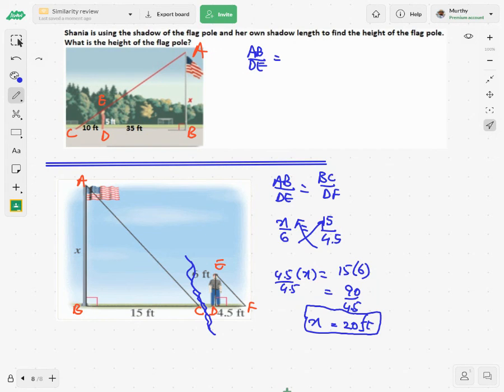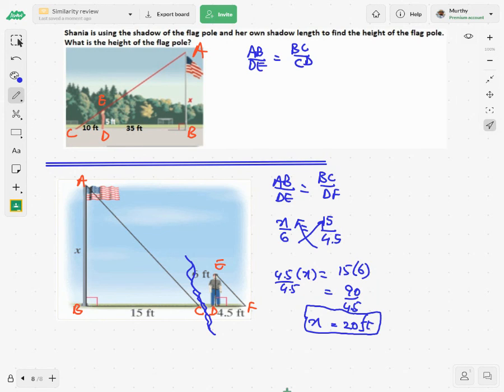They take BD, which is not right, because you have to take the whole length of this horizontal line. Most of you are taking only a part of the horizontal line. So you have to take BC over the horizontal line of the small triangle, which is CD.